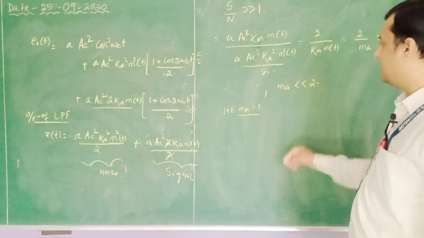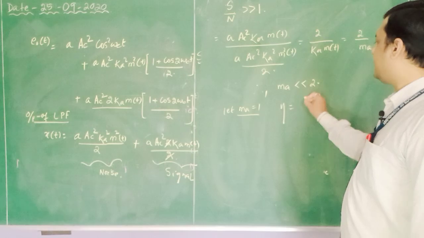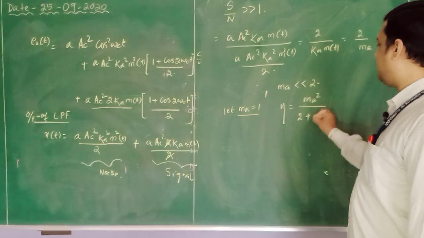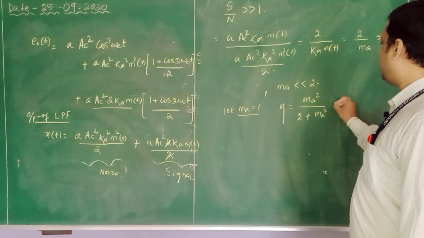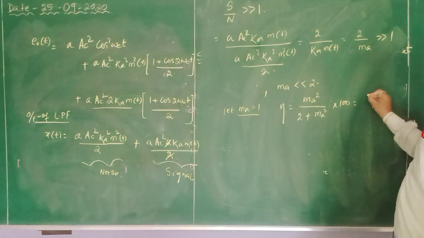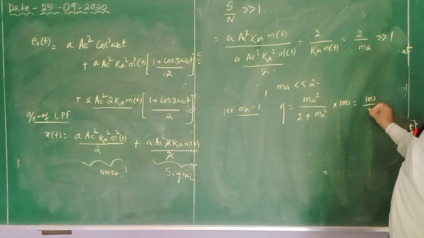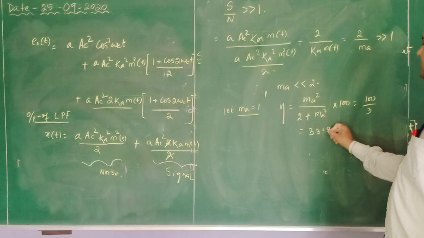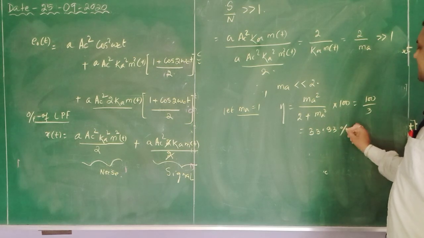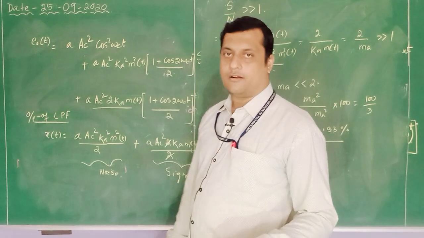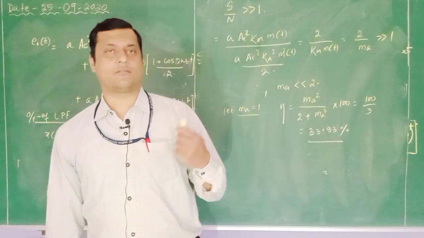If it is 1, the efficiency, as we know, we had a relation Ma square divided by 2 plus Ma square into 100. If I substitute 1, we get 100 divided by 3, that is 33.33%. That means my square law demodulator is not so efficient.